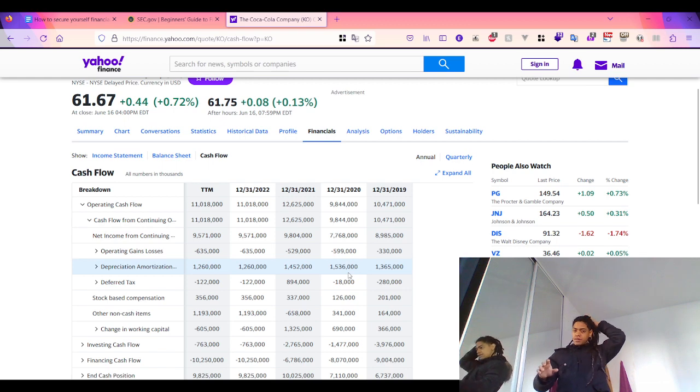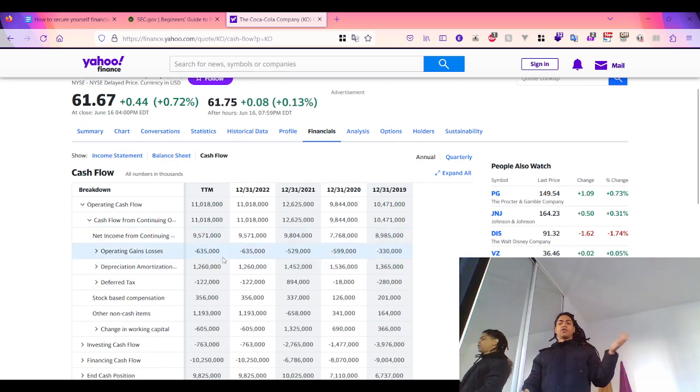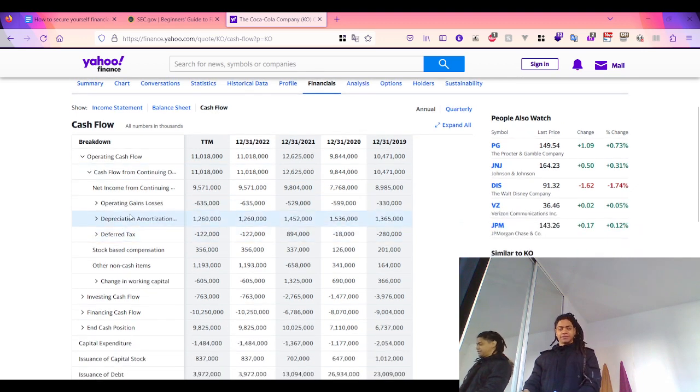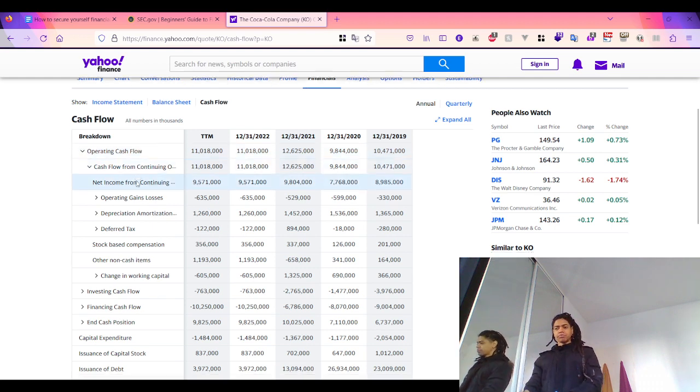So this is just describing all of these most common operating assets and liabilities that the first part of the cash flow statement analyzes.